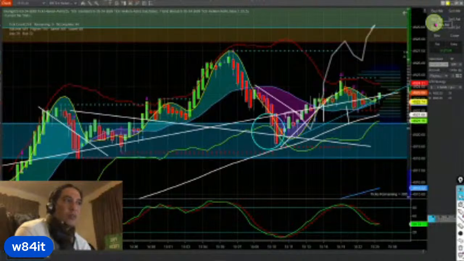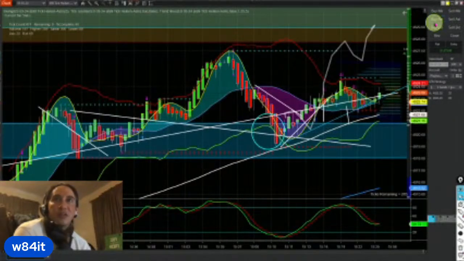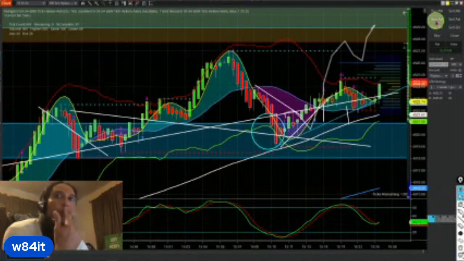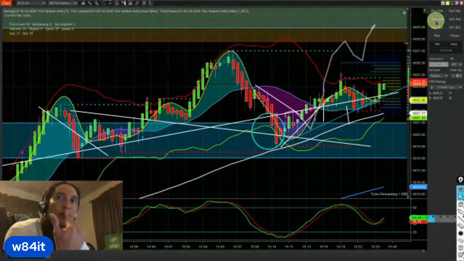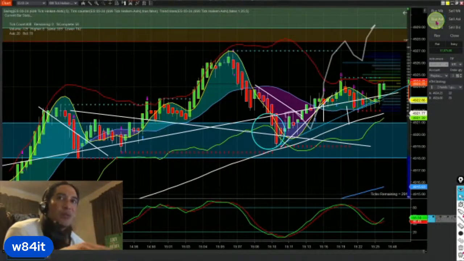Volume there to support. There, it's launching right here, but that could be just a dump. That's a little bit more convincing. Could fail from right here though still. Kind of cautious of it now because I feel like it's probably going to dump.